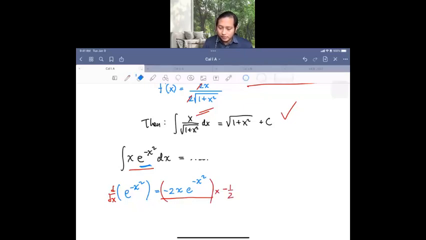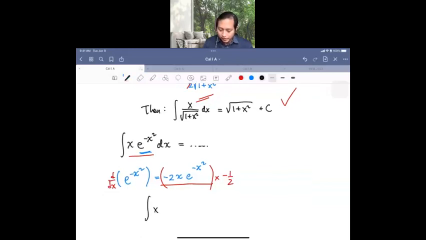So the integration of x e to the negative x squared dx is negative half of e to the negative x squared plus c. Or if you want to use the substitution method, you can always use that.